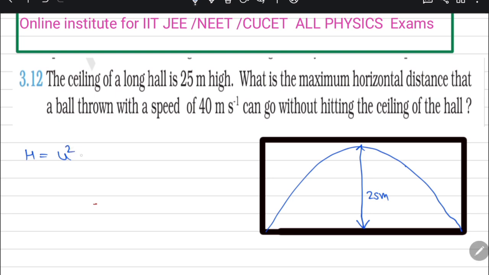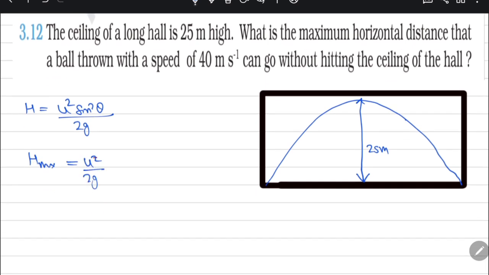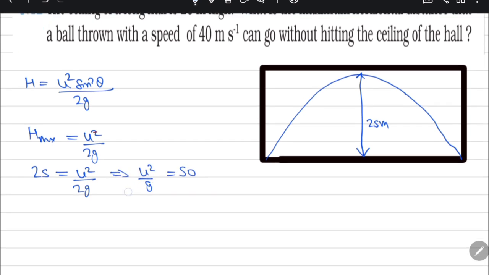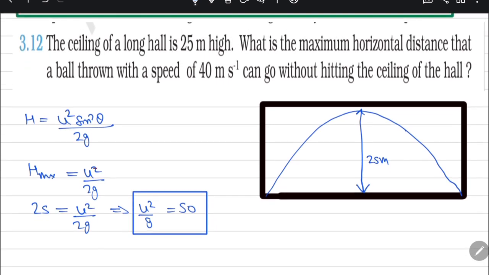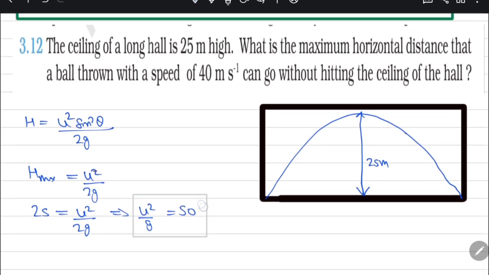And u square sine square theta upon 2g. So at maximum height, sine square theta becomes 1, so u square upon 2g. So they have given 25 meter high, that is u square upon 2g. So you can find u square by g is basically 15. Now we have to find maximum, and they have given u also.